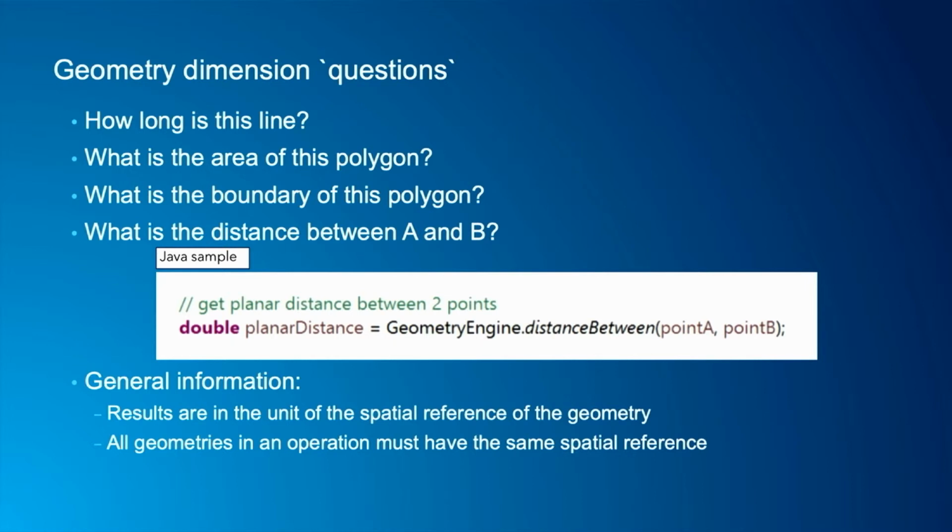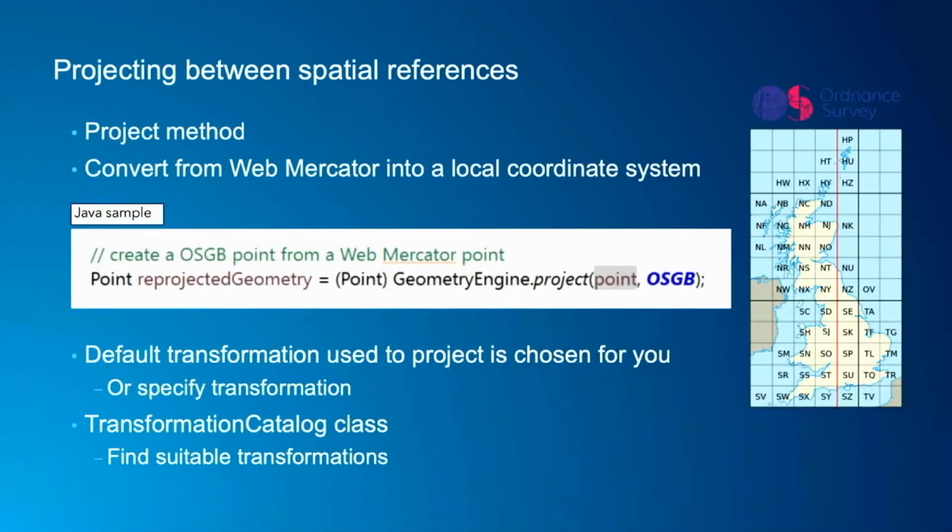But if your data from your feature layer is in some local state plane, you're going to need to go ahead and project that. So we have a method on the geometry engine called project. You pass the point into the project method, along with a spatial reference object of the spatial reference that you're targeting, and that will return a new geometry that is in that spatial reference.